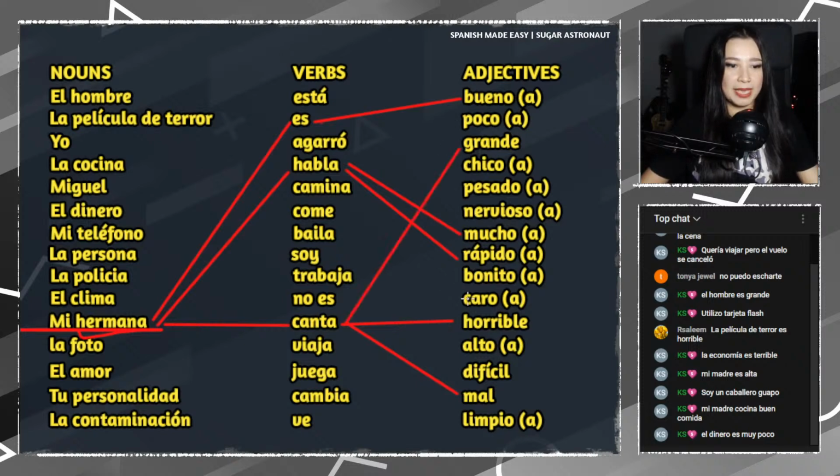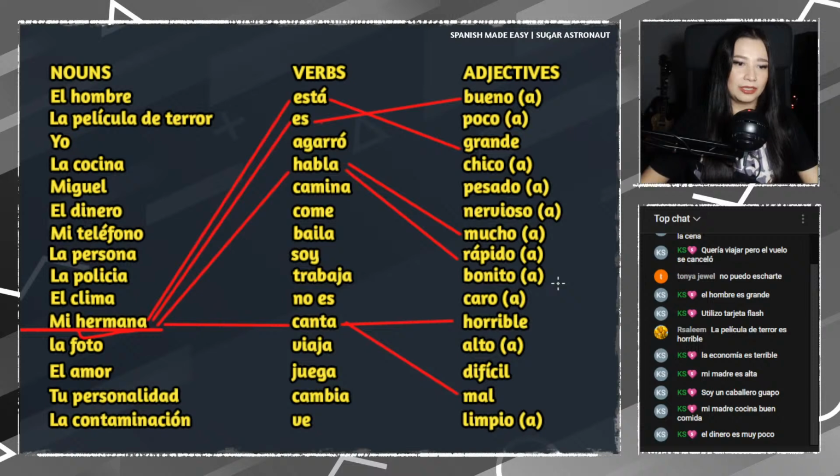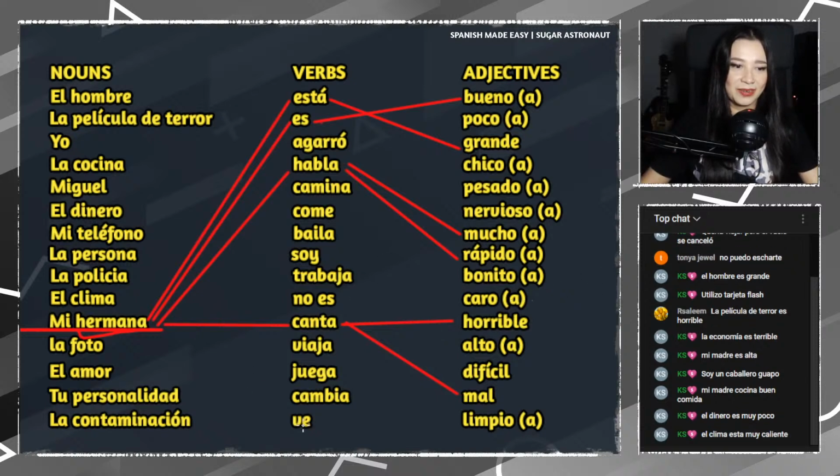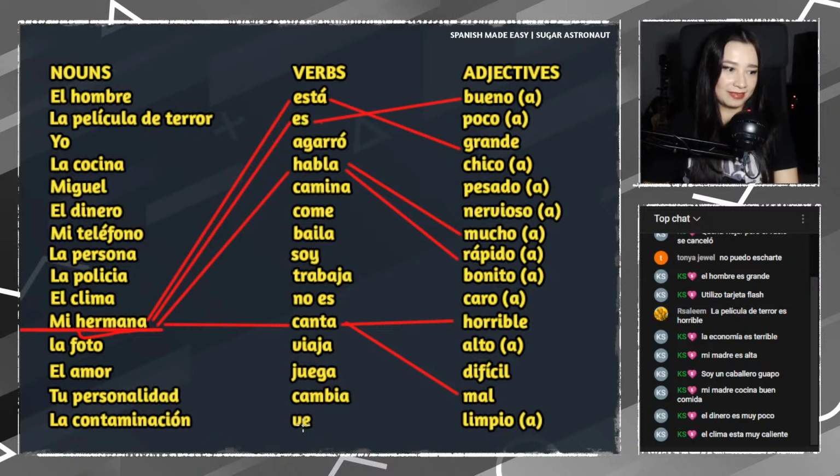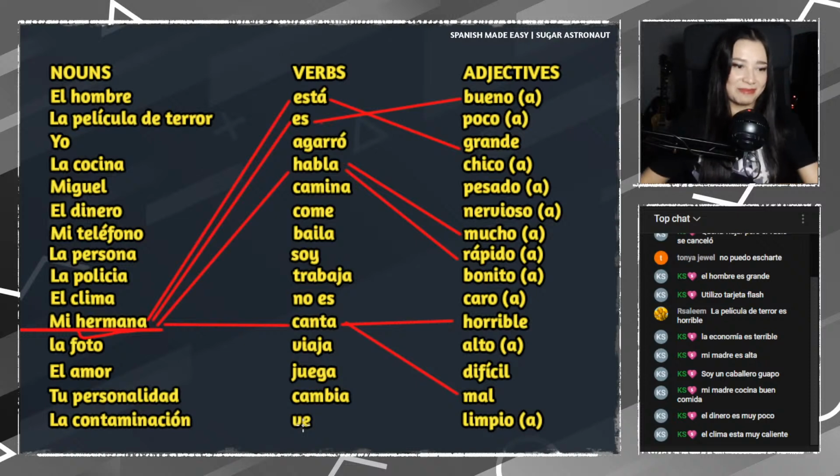If you say mi hermana, no, not canta grande. Mi hermana es grande or está grande. Está grande. My sister is big, right? Or, as I said before, she's a grown up, okay? Like a person who, yeah, an adult. That's the word. Mi hermana está grande. She's an adult, okay?